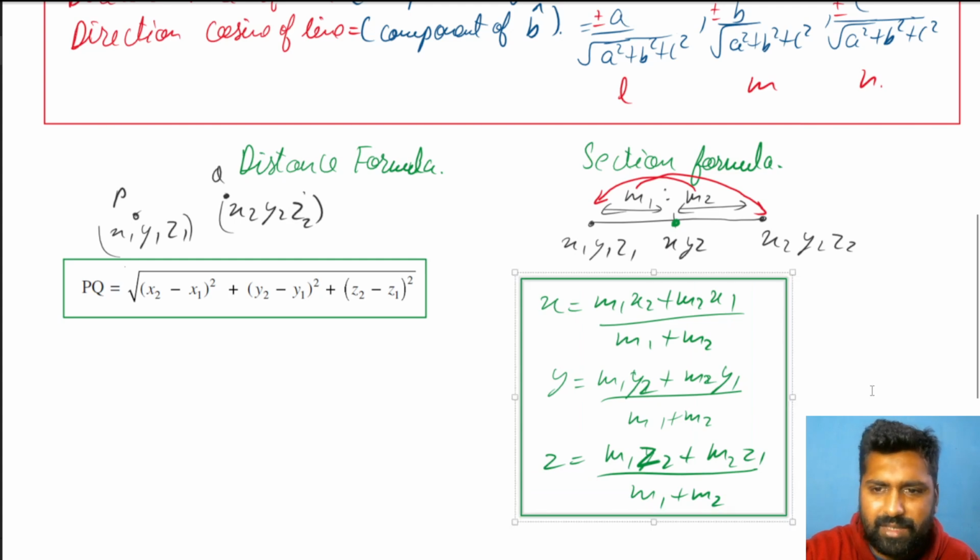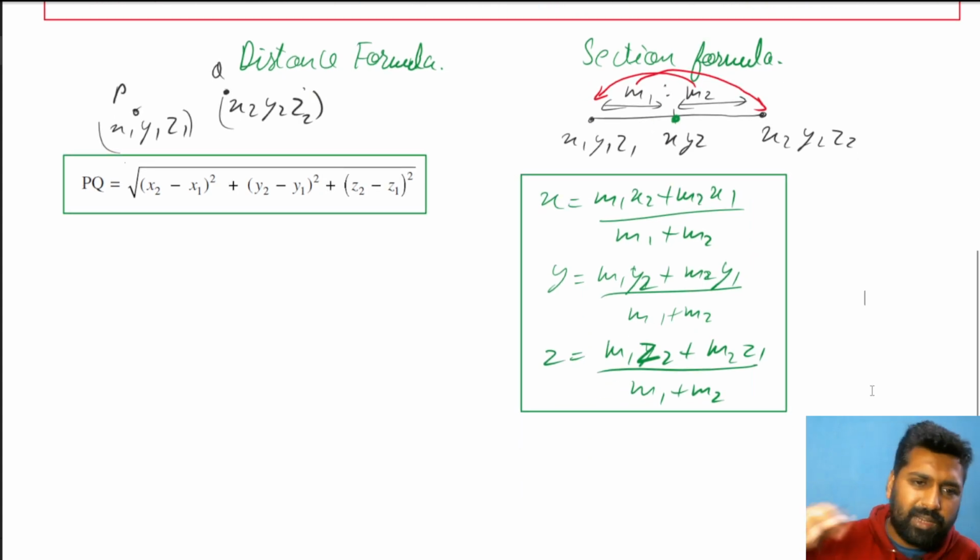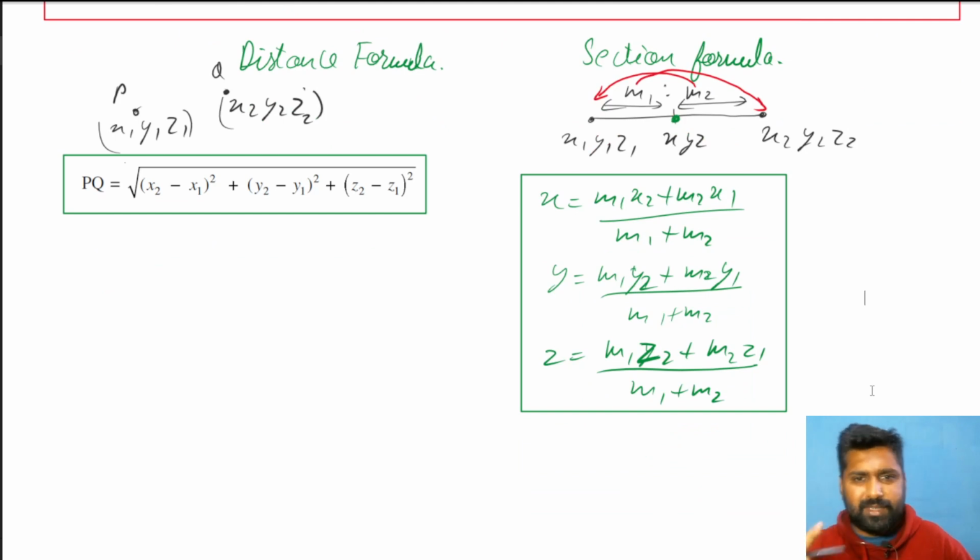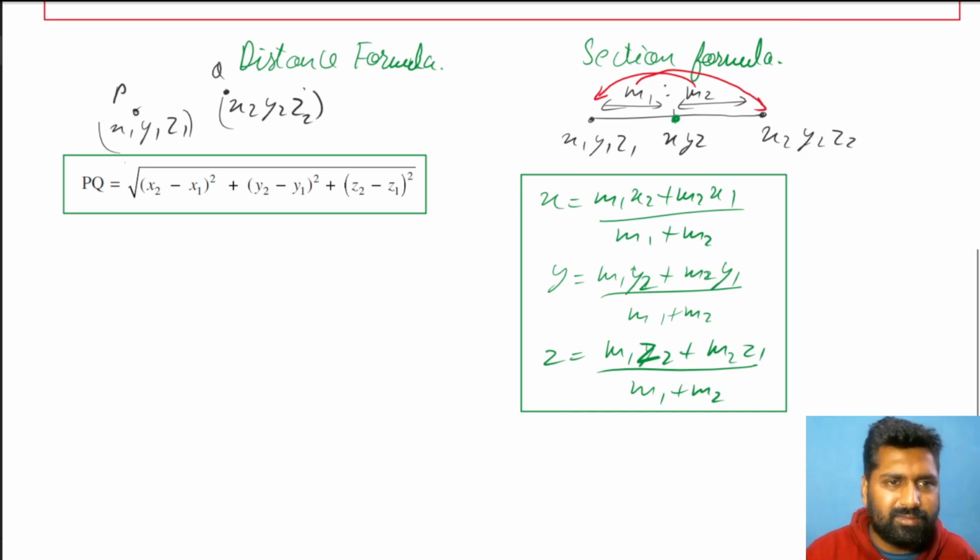Midpoint formula I'm not discussing, you already know it: x1 plus x2 by 2, y1 plus y2 by 2. Now in 3D it will be z1 plus z2 by 2 also. Fine, I'll write it, otherwise you'll say that it was not covered.